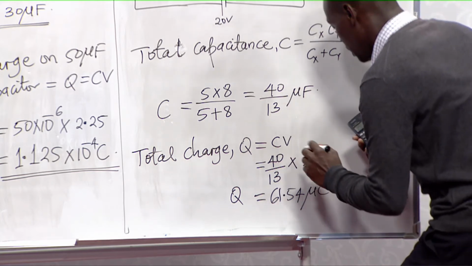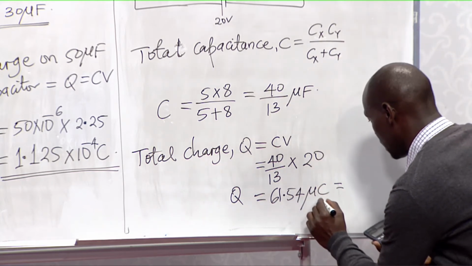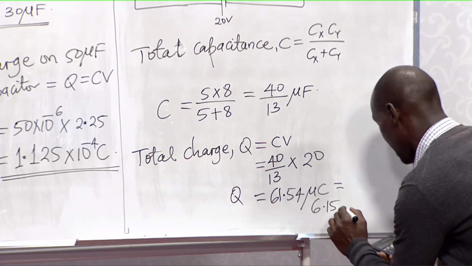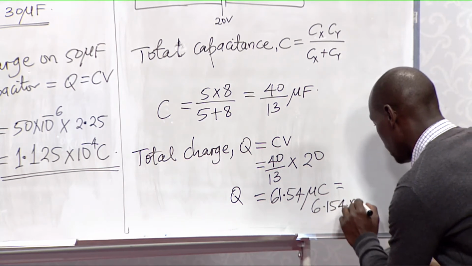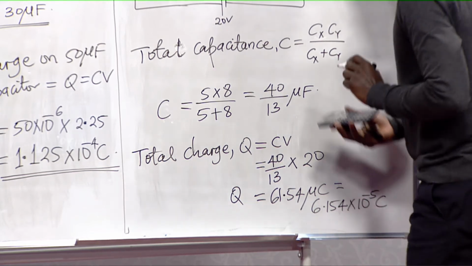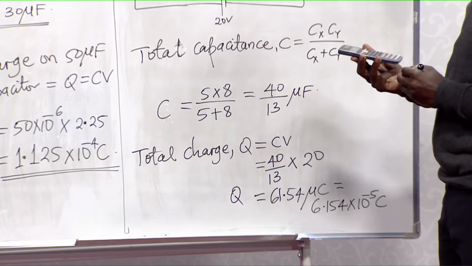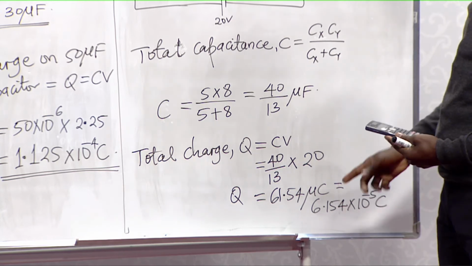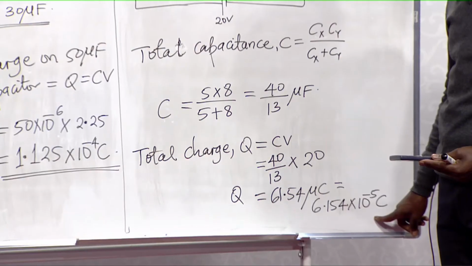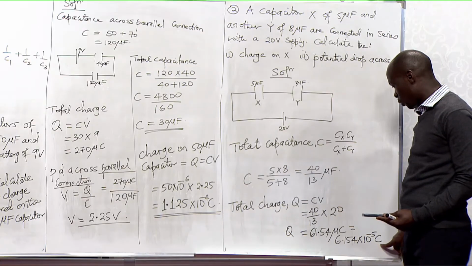In scientific form, or in physics, in coulombs, that is what we are getting: 6.154 exponent negative 5 coulombs.